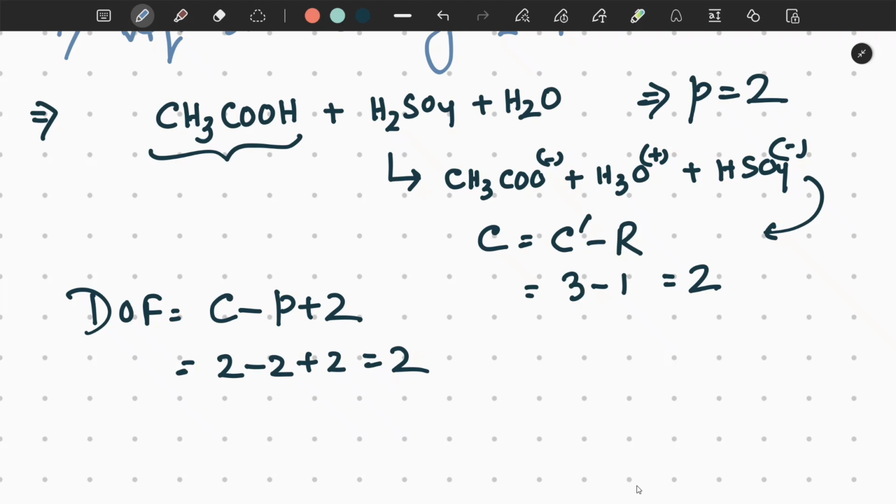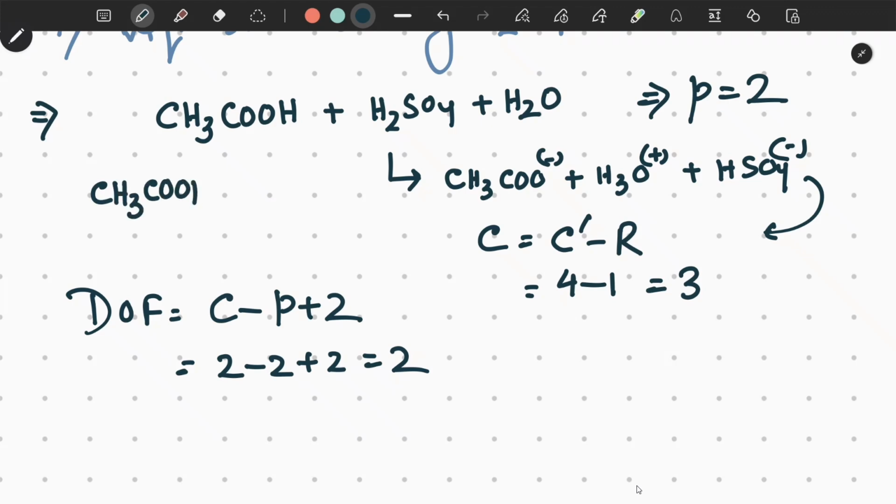Let me check once more because it's H plus. When you are considering equilibrium, the CH3COOH also must be there, right?